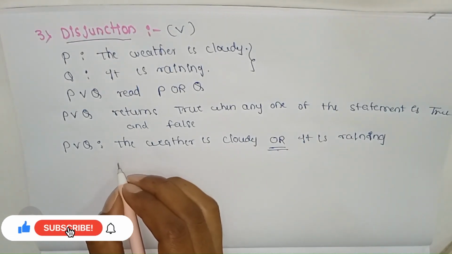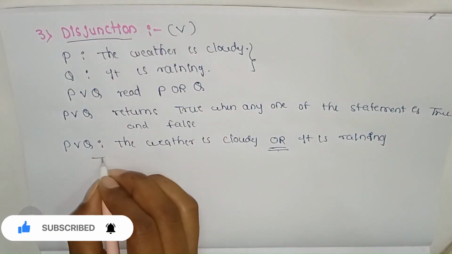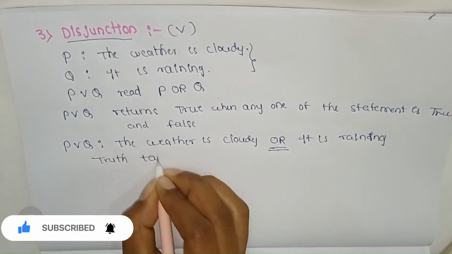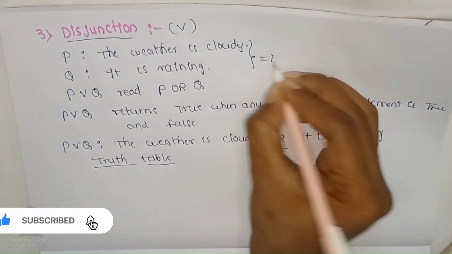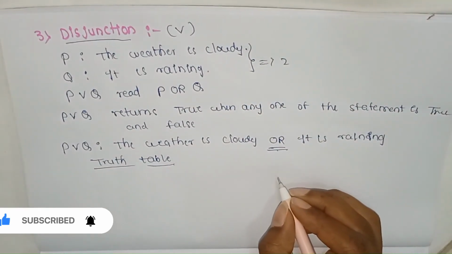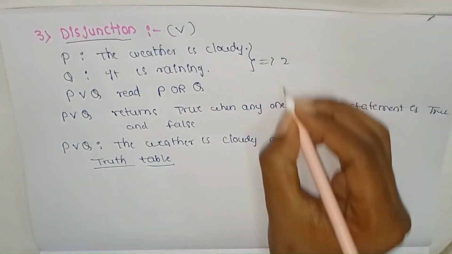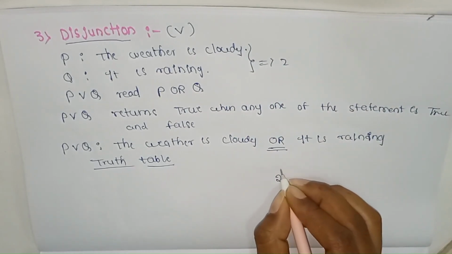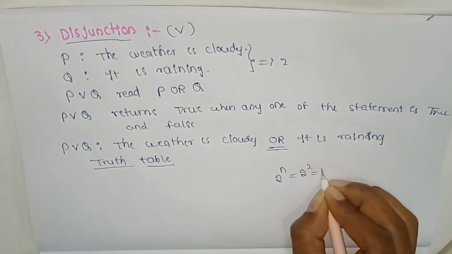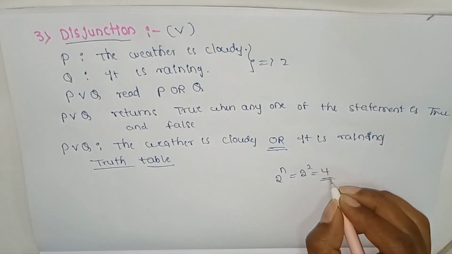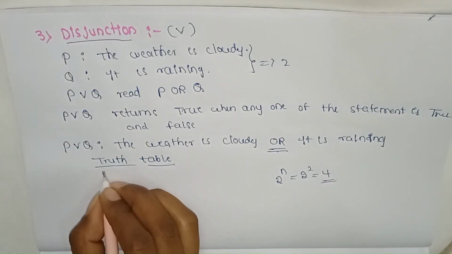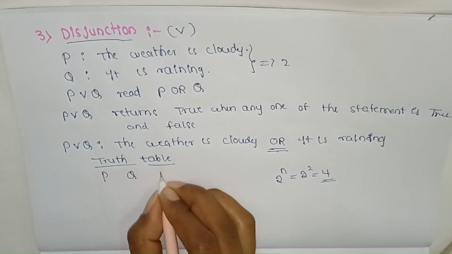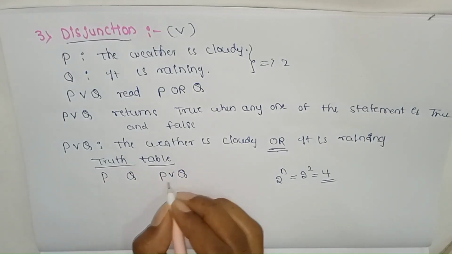Now let us construct a truth table for the disjunction. Here we have two statements, so the total number of possible truth values is 2 power n, which means 2 power 2 is 4. The total number of possible truth values is 4. We have two statements P, Q, and we are applying the OR operation to them.